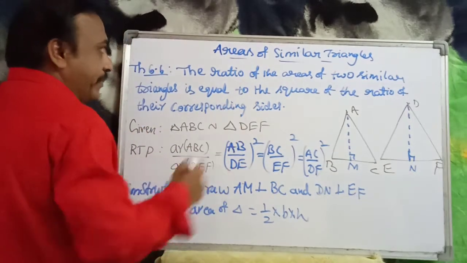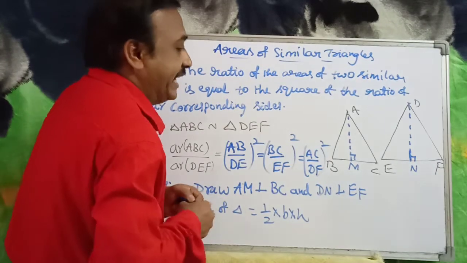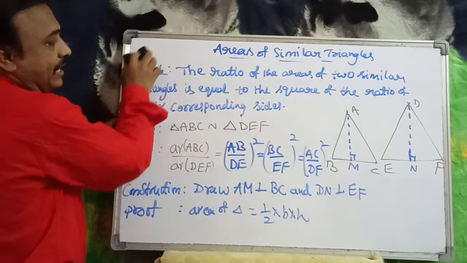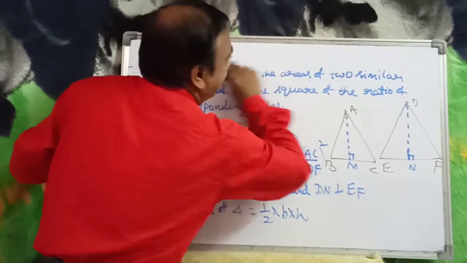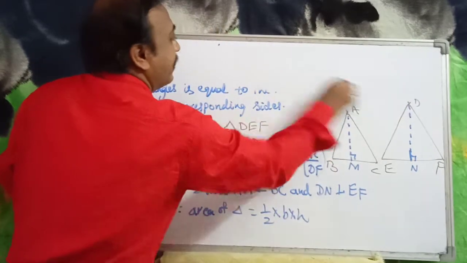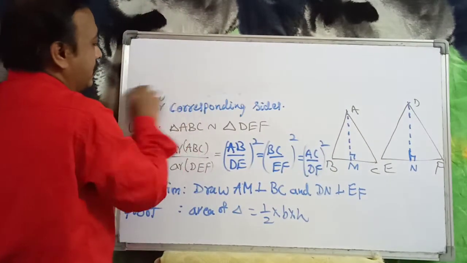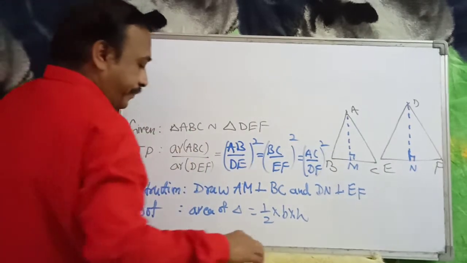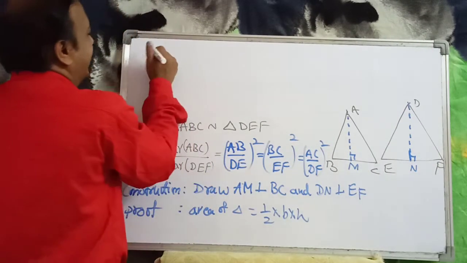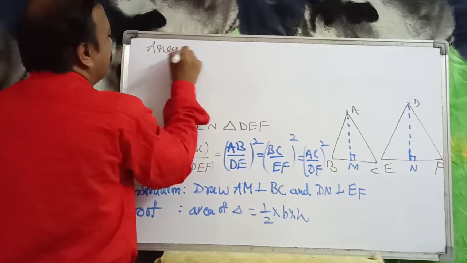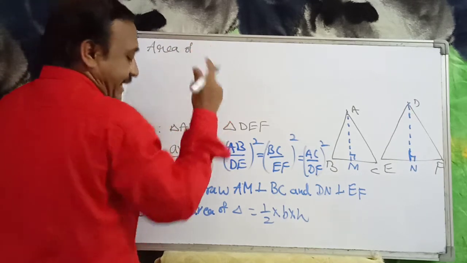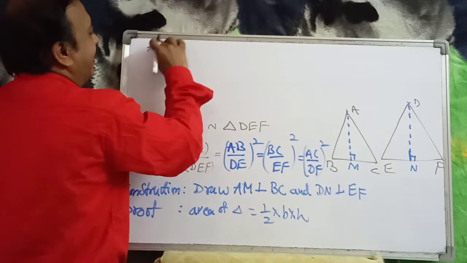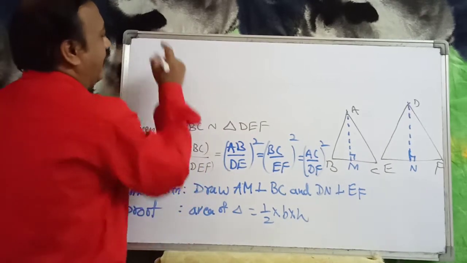Now we are taking the area of ABC. Area of triangle ABC, or you can simply write AR.